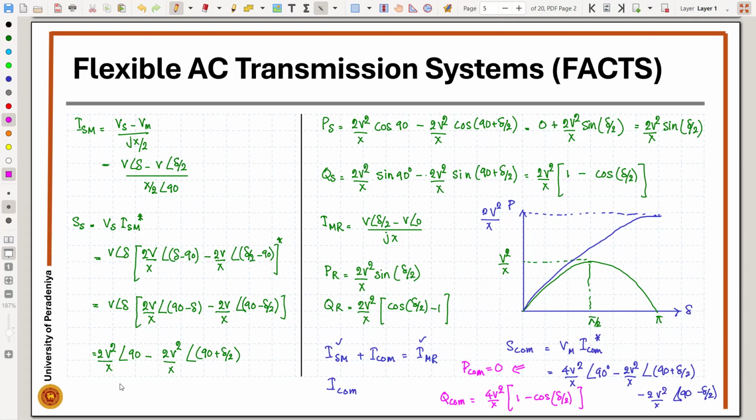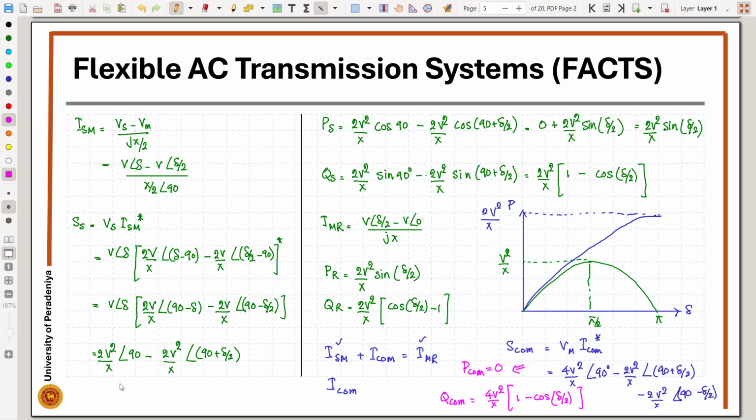I will provide some examples. I will do an example, and I will ask you to work out a few cases of shunt compensation placed at different places. For that, you can work out the answers. So this is the first one.